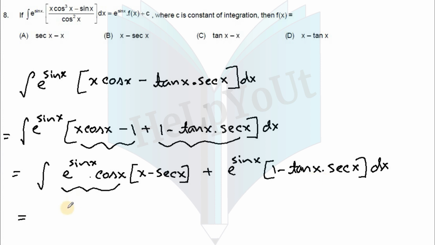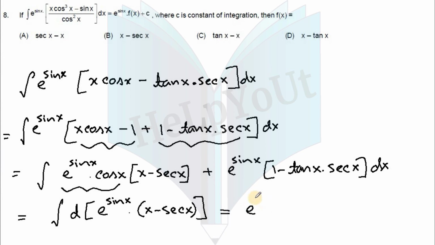So this is basically the differentiation of e to the power sin x times x minus sec x. So integration and differentiation cancel, and we end up with e to the power sin x times x minus sec x plus c. So f x is this one, option B.